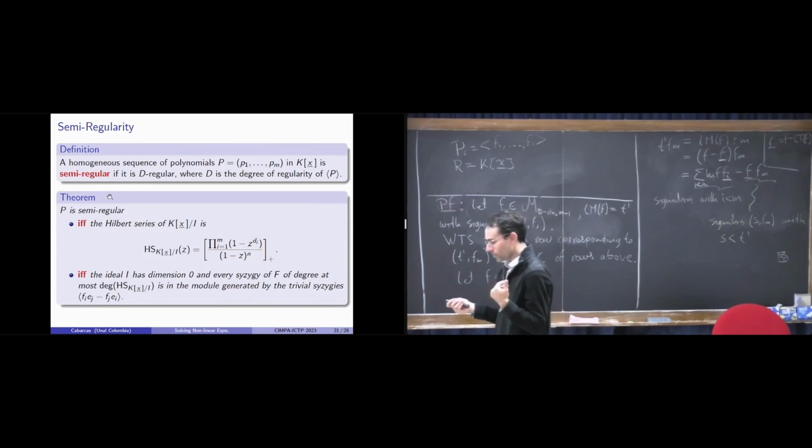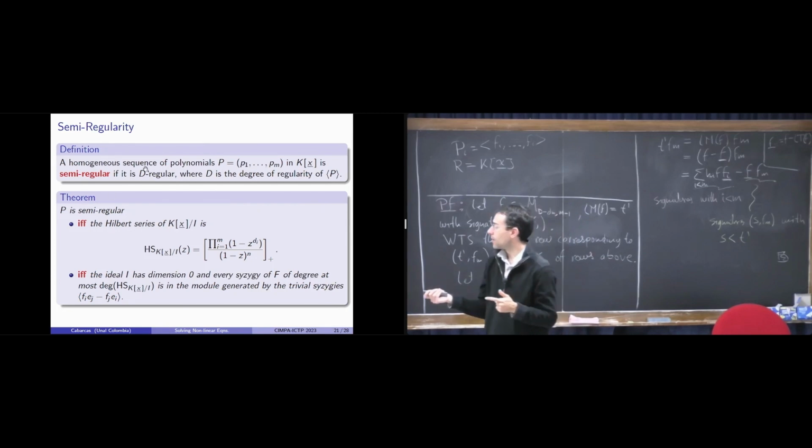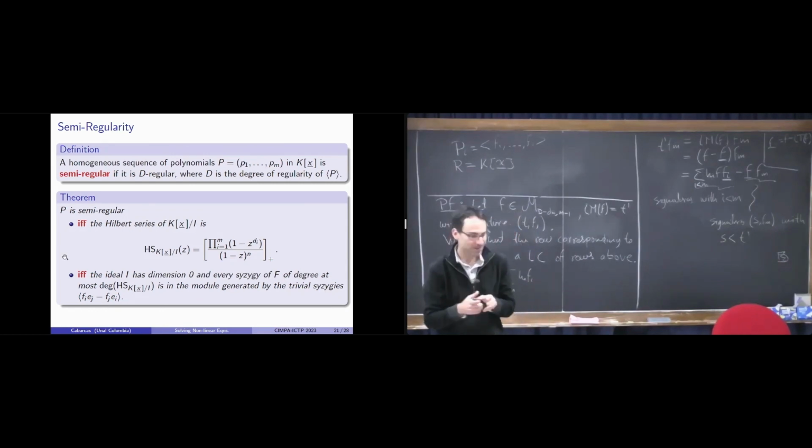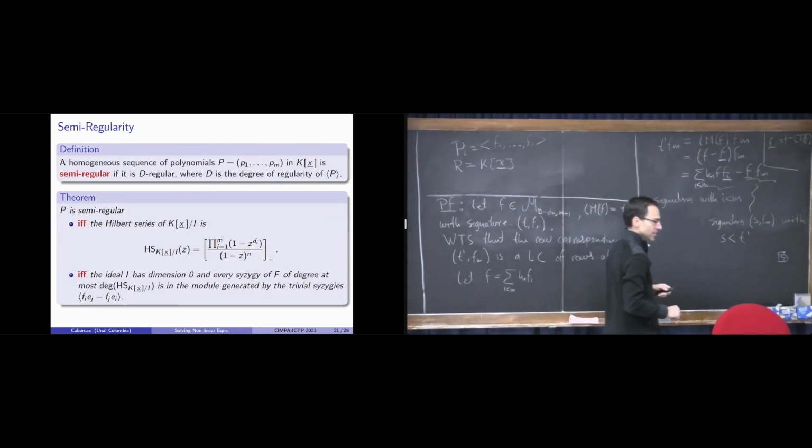And as with the regular sequences, for the semi-regular ones, P is semi-regular if and only if the ideal I has dimension 0 and every syzygy of F of degree at most the degree of regularity is in the module generated by the trivial syzygies. So the same condition, but only up to the degree of regularity.